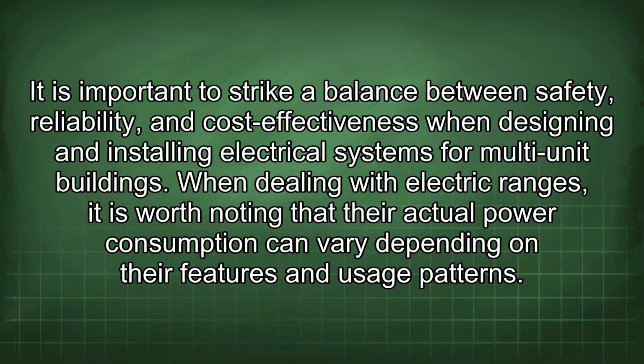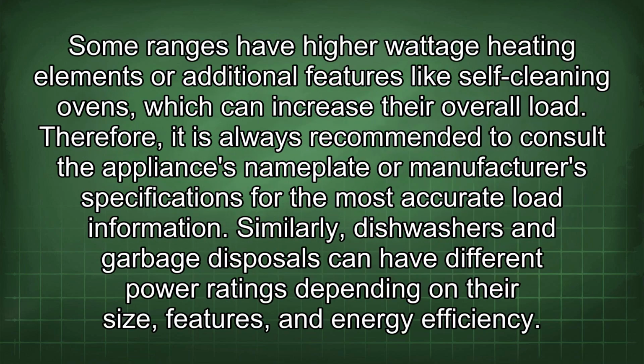When dealing with electric ranges, it is worth noting that their actual power consumption can vary depending on their features and usage patterns. Some ranges have higher wattage heating elements or additional features like self-cleaning ovens, which can increase their overall load. Therefore, it is always recommended to consult the appliance's nameplate or manufacturer's specifications for the most accurate load information.